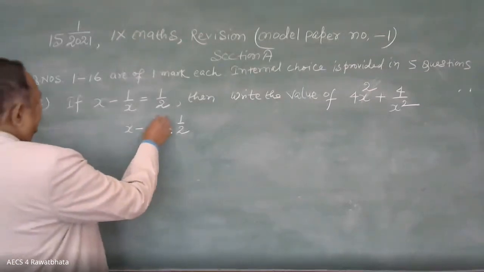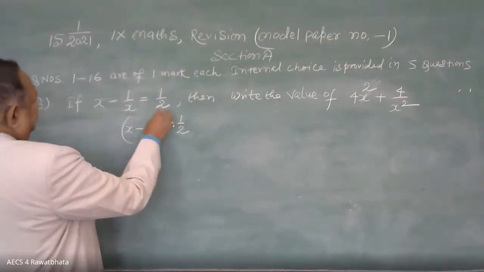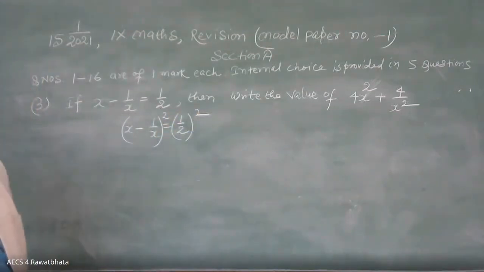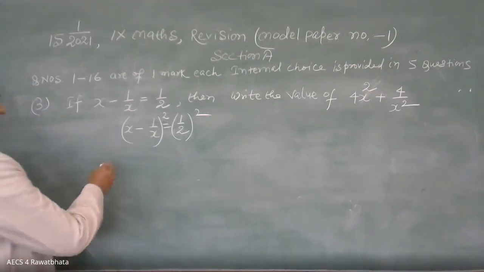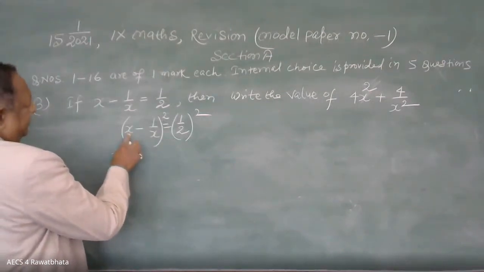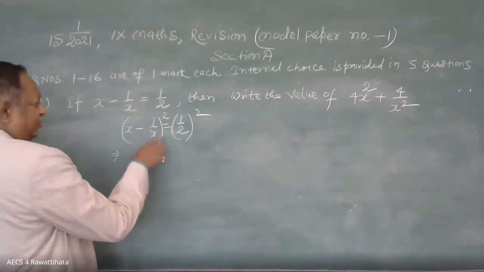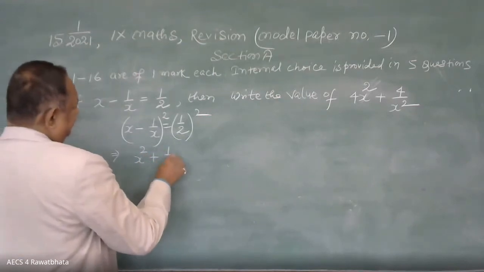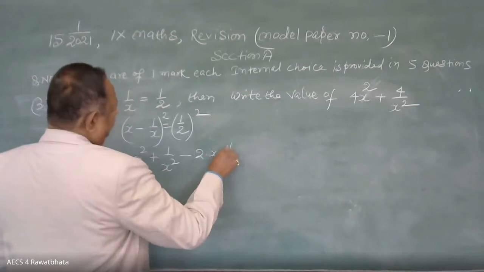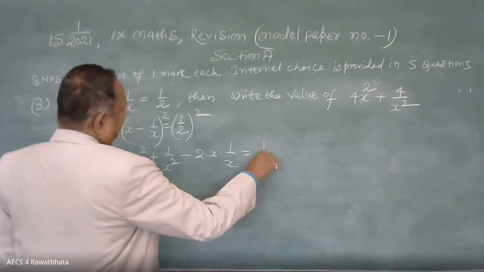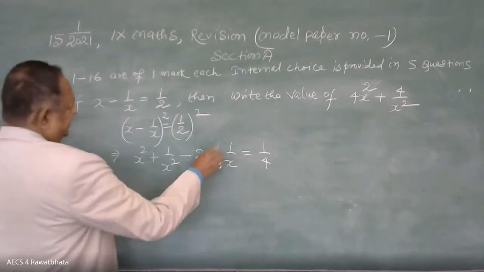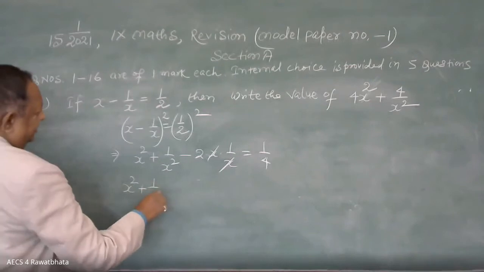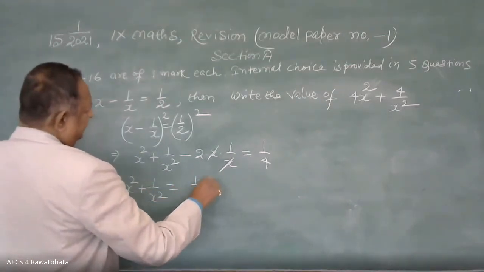Squaring both sides. This can be written as, use the identity a minus b whole square. This is a square plus b square minus 2 into a into 1 by x, 1 by 4. So this is cancelled. So x square plus 1 upon x square, 1 by 4 plus 2.